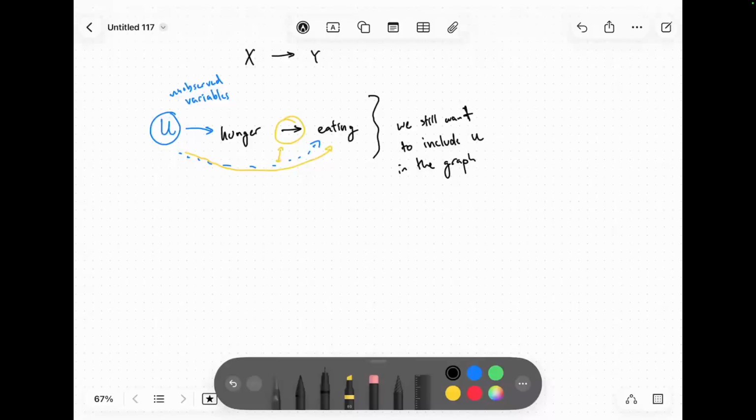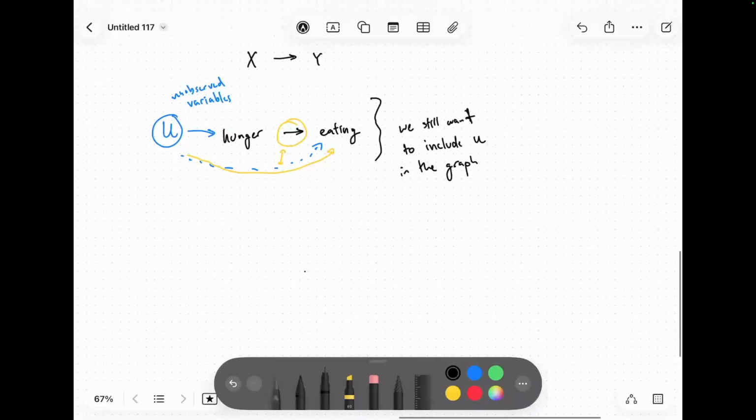Let me give an example of another one. Let's say I decide to do some kind of research project, and I want to look at whether or not people who eat ice cream, if there is something related between shorts and ice cream.